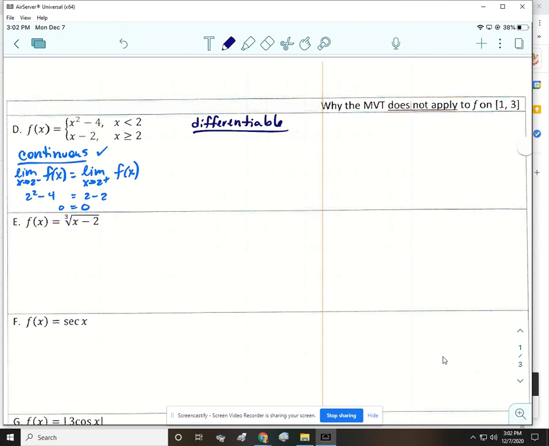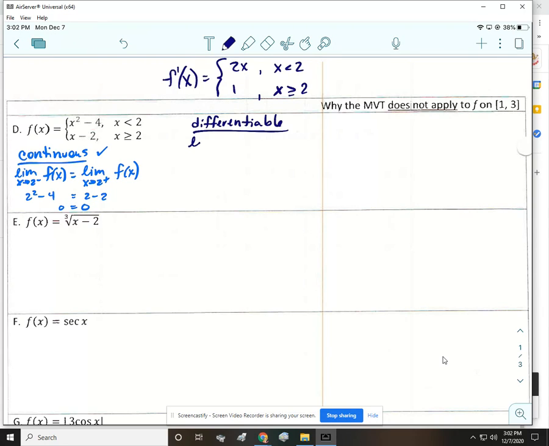Okay, so differentiable, we're going to find the derivative of that piecewise function. So the derivative is 2x for all the x's less than 2, and the derivative is 1 for all the x's greater than or equal to 2.